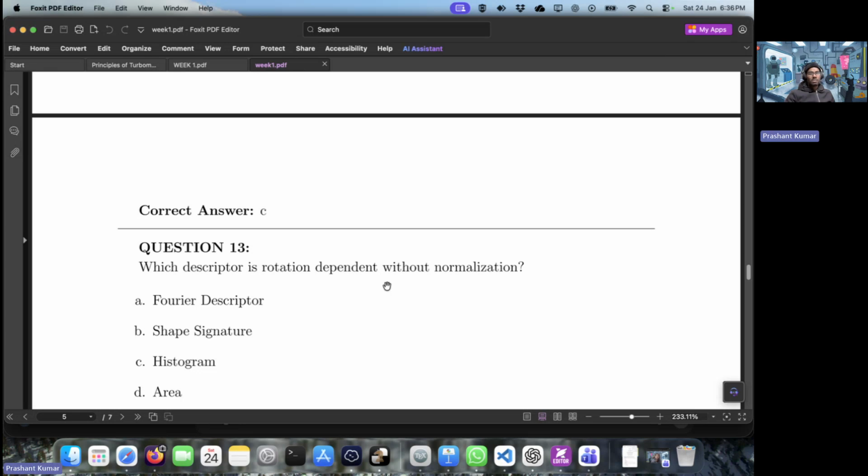Which descriptor is rotation dependent without normalization? Yeah, so that is the shape signature, right?